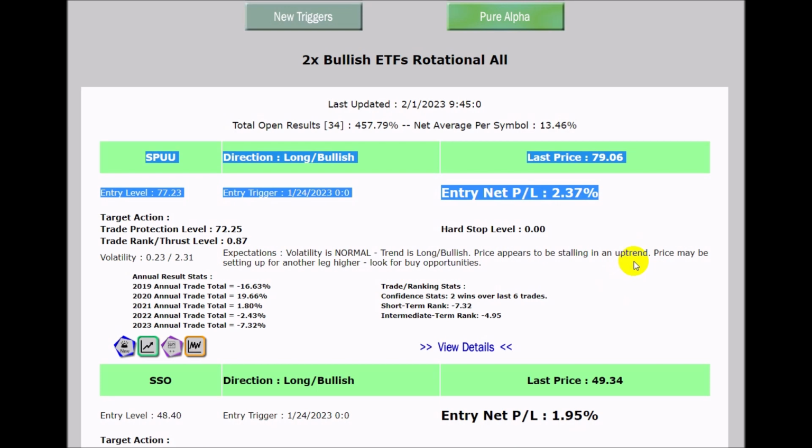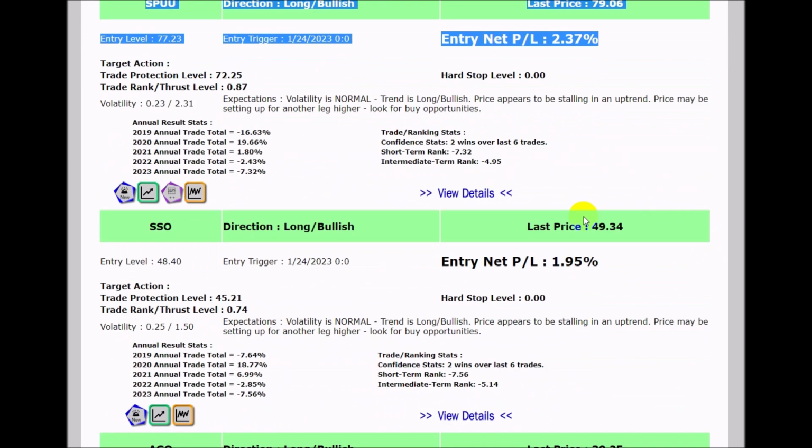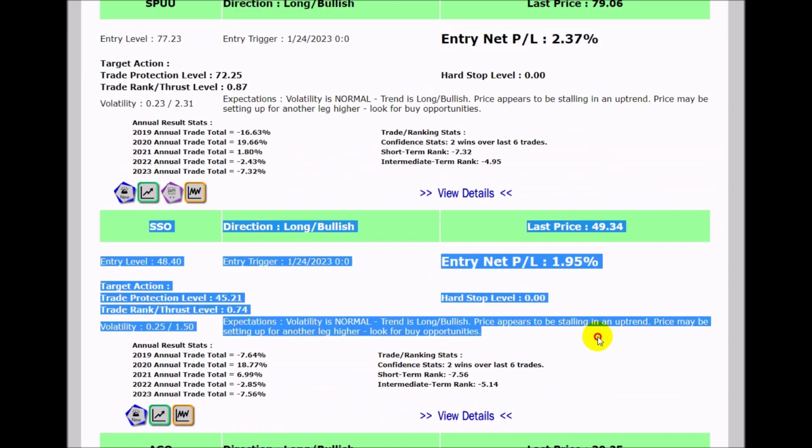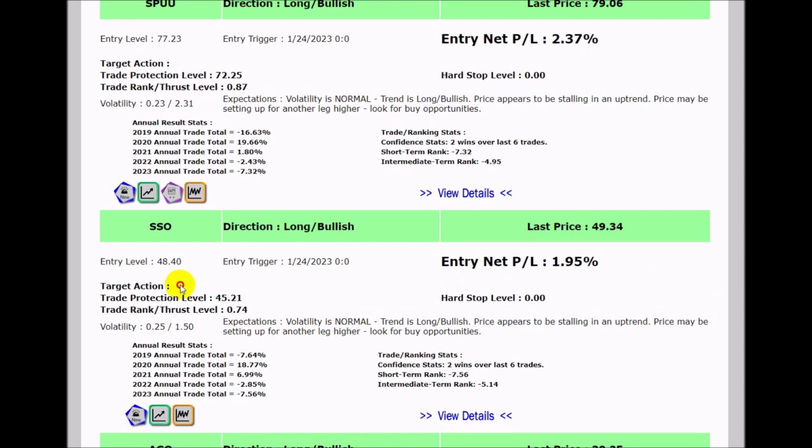So we theoretically do not want to take any long trades on the regular live trades triggers unless we have some confirmation that the rotational modeling system is actually confirming this upward trend as well. And SSO is also showing us that we have a good solid long trade here. Okay, we have no take action scenario in the rotational modeling system.